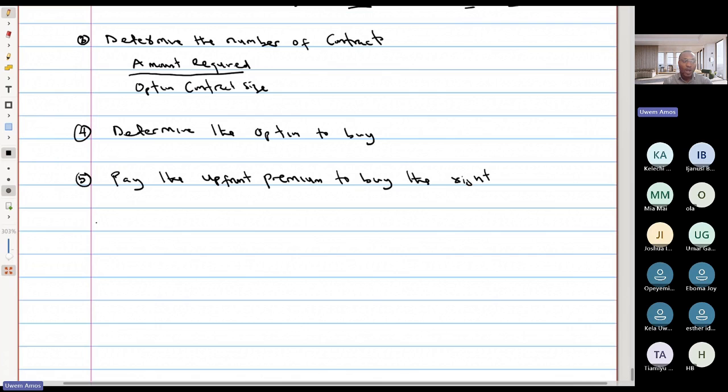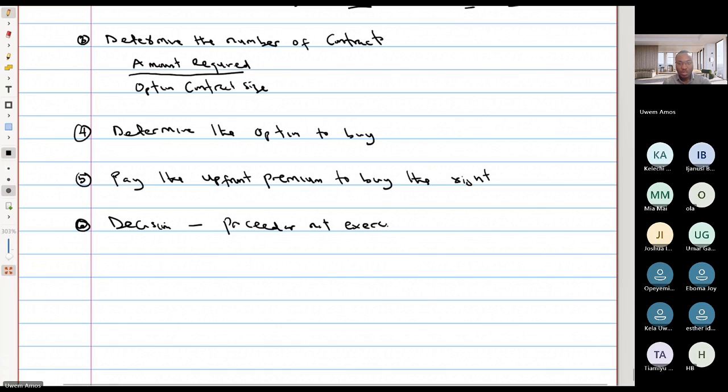And then on the requirement date, we then make a decision. So in 3 months' time, we then decide whether or not to go ahead with the option or not. Proceed or not exercise. So that's our steps.